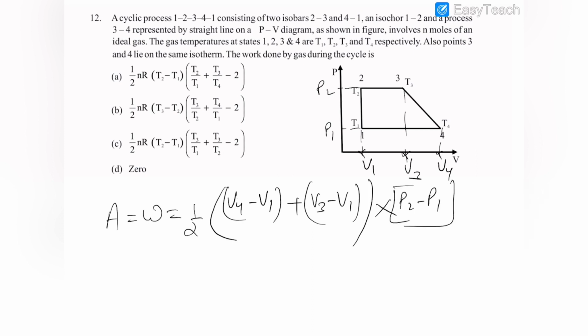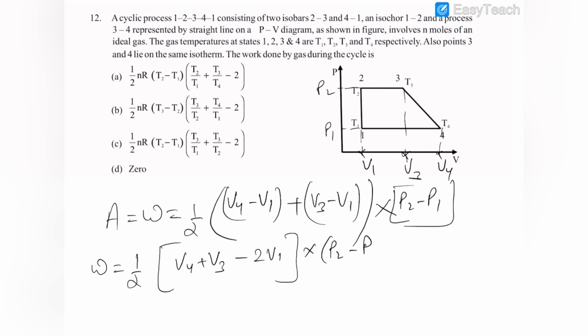So this is the work done, and you can also write it down as half, V4 plus V3 minus 2V1, multiplied by P2 minus P1. Now you can take V1 common, so it would be V4 by V1 plus V3 by V1 minus 2, and this would be P2V1.